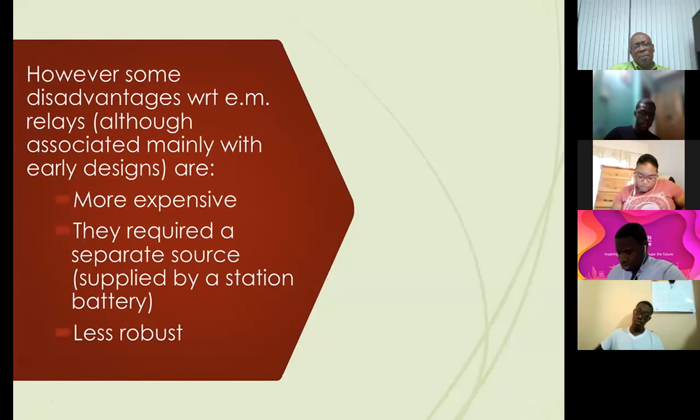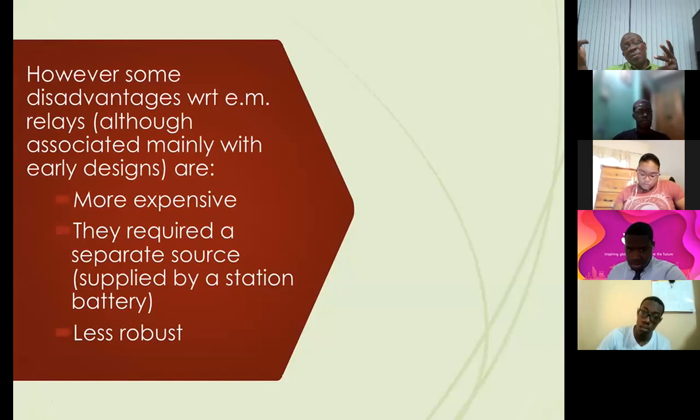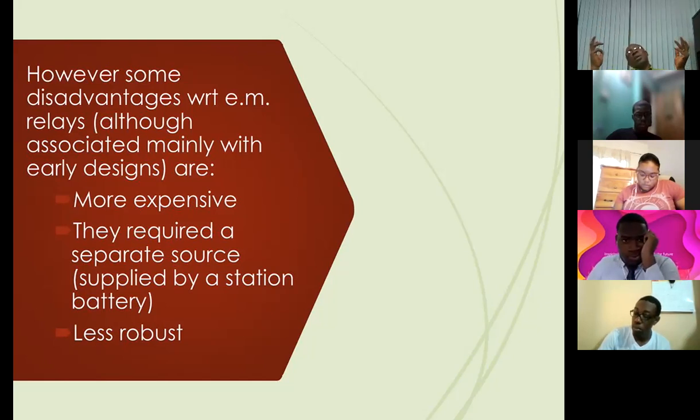Whilst the electromechanical derived its operating power from the system, which in and of itself can be seen as a drawback, because even though you need the station transformer, you still will need it for the analog, because those will be used to maintain your batteries.